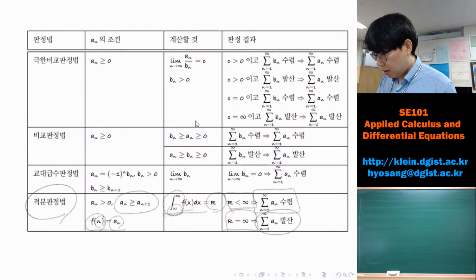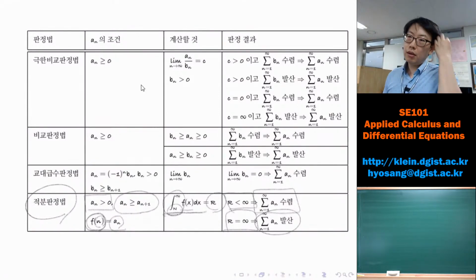So look at the condition on this series. We assume that the sequence is always positive, so this function must be always a positive function. Whenever you take the improper integral, it either diverges to positive infinity or converges to a finite number.